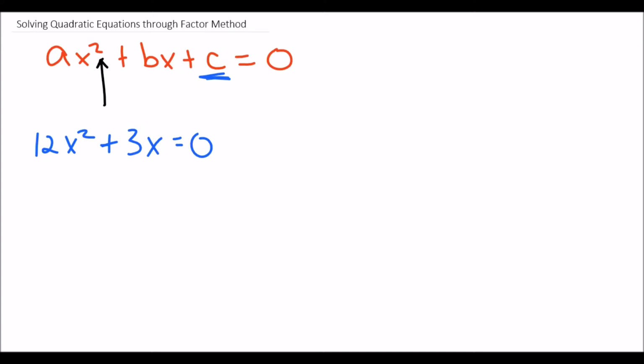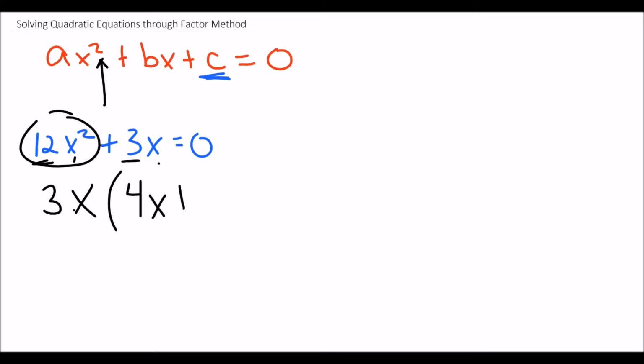What does a 12 and a 3 have in common? Well, a 3. And what does an x squared and an x have in common? Well, an x. So we have 3x times what's left over in this term. We have 4x left over in that term, plus, well, nothing left over in that term, but we can't multiply it by 0 because that would get rid of it completely. So we have 1 left. Equals 0.